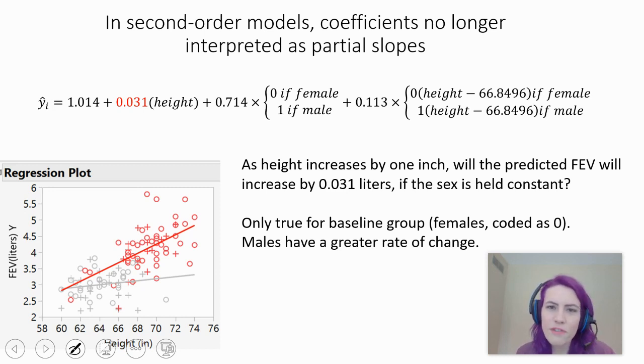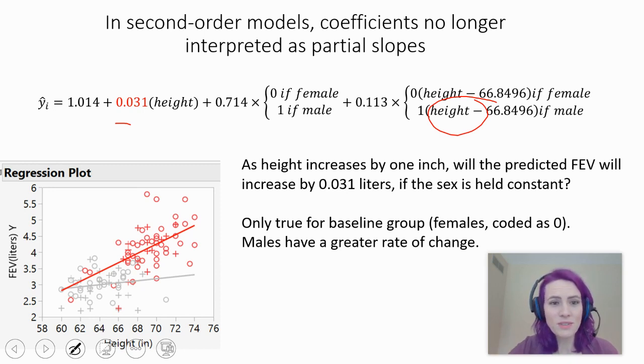Our coefficients in a second order model are no longer, strictly speaking, partial slopes anymore. So in our old model, we could say that the coefficient attached to height would be how much we expect the FEV to change as height goes up by 1 inch. But notice height shows up again. So it's not always going to be that way.